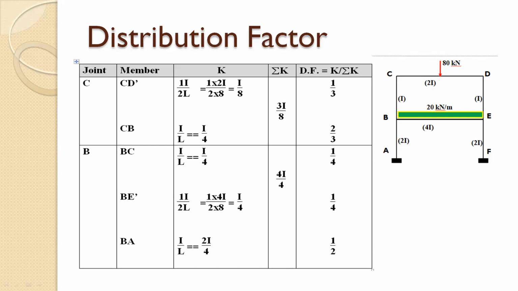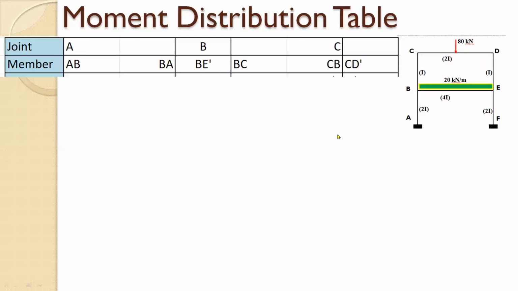After calculating this distribution factor, next step is to write the moment distribution chart. So for moment distribution chart, we will write joints only on the left side. There are 3 joints A, B and C. So we will write like this A, B and C. At A, there is only one member, that is AB.